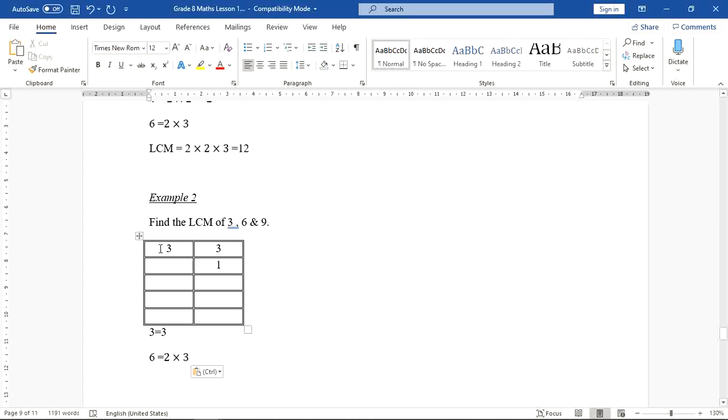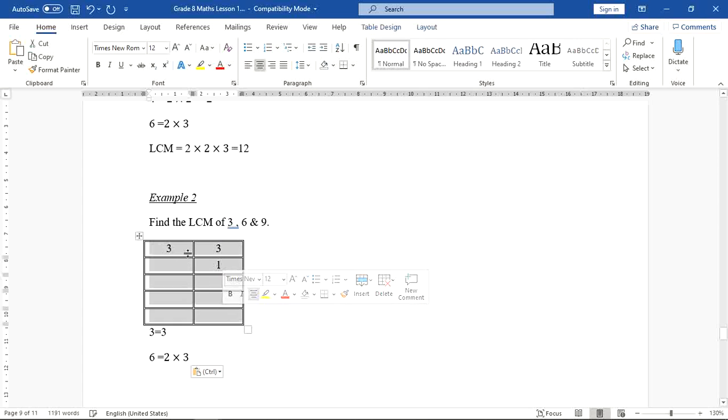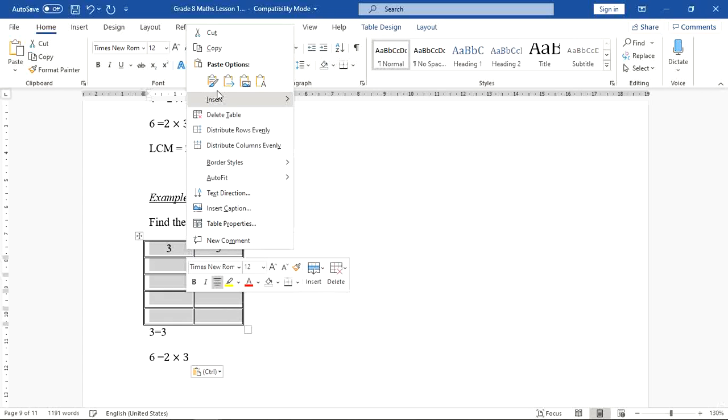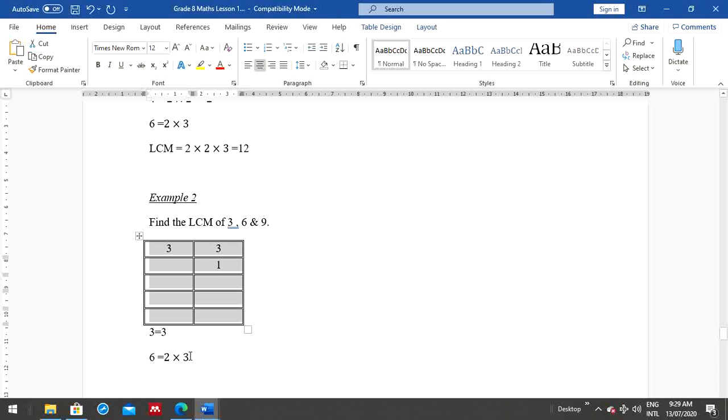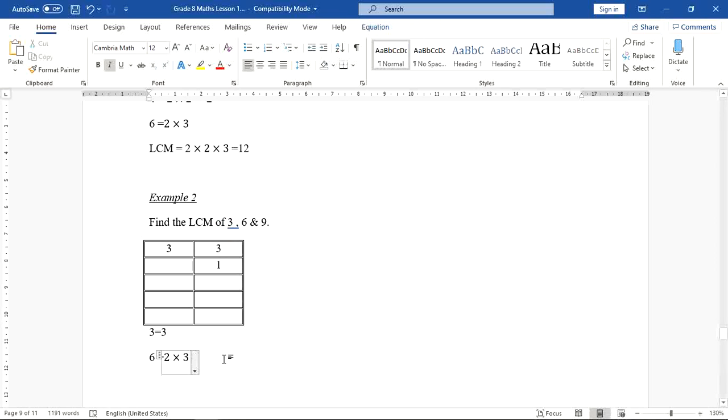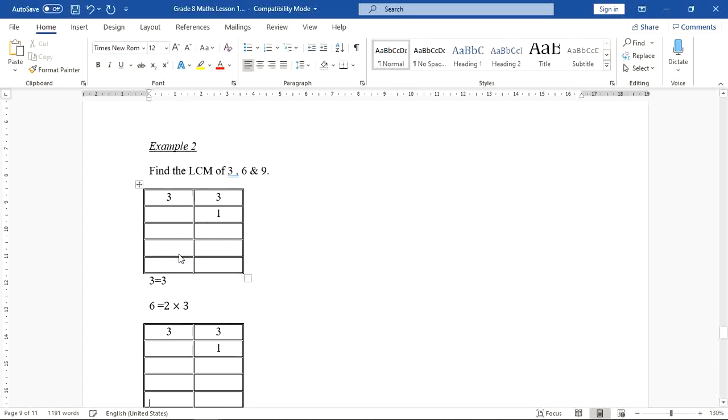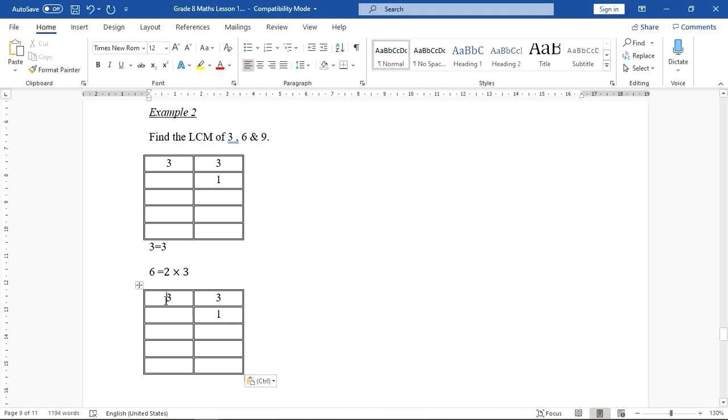What we need to do now is break up 9. So the table for 9, we put it down here. Let's divide up 9. The smallest prime factor that can divide 9 is not 2, so it's 3. 3 goes into 9 how many times? 3 times.